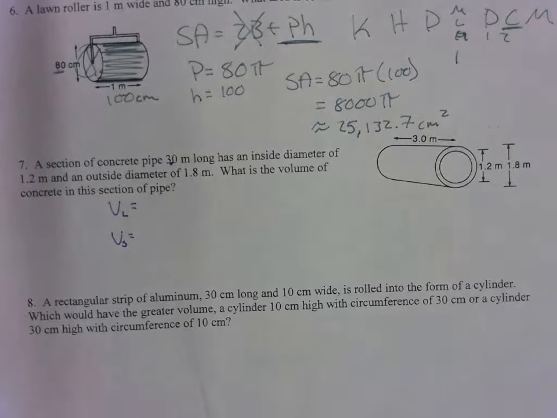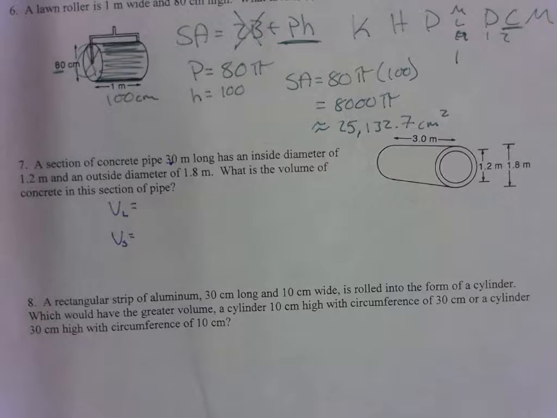I am going to find the volume of the entire cylinder, and then the volume of just the small cylinder that's inside. If I subtract the small cylinder from the large cylinder, I'm left with just the concrete.